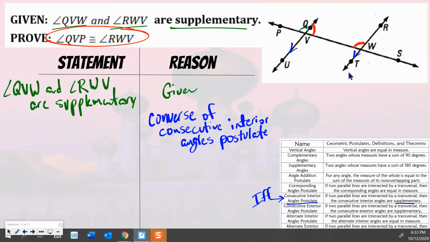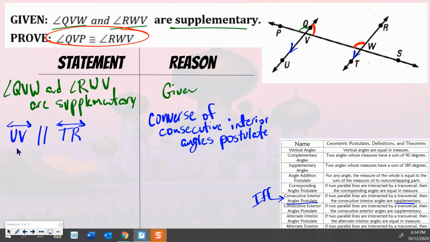Let's call those lines UV and TR, although you can name them differently. But by the converse, by the opposite of that statement, I can conclude that those two lines are parallel.